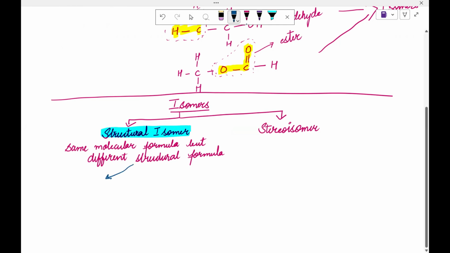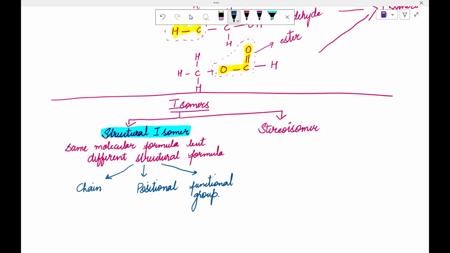The one is chain isomer, the other one is positional isomer, and the third one is functional group isomer. Is that clear? Yes. Okay.